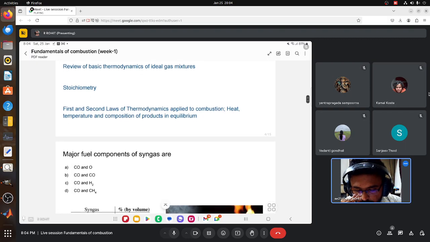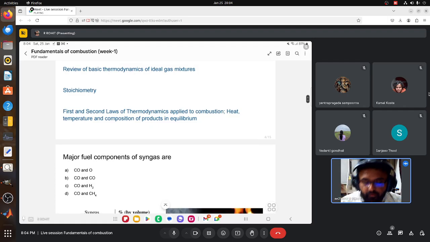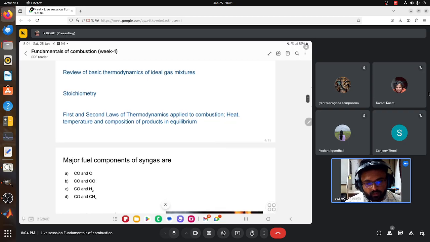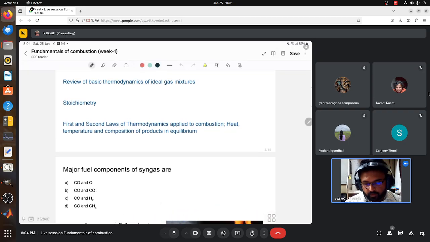The question is: the major fuel components of syngas are carbon monoxide and oxygen, or carbon monoxide and carbon dioxide, or carbon monoxide and hydrogen, or carbon monoxide plus methane?